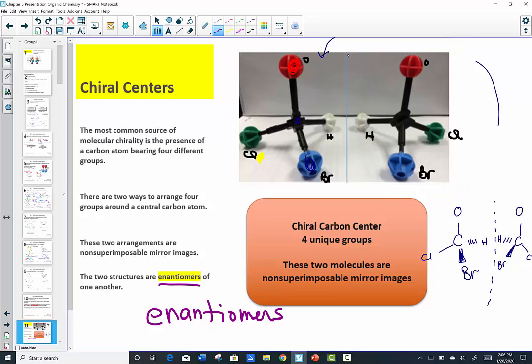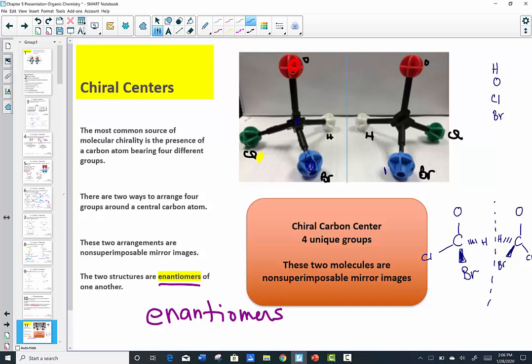Let me emphasize before we go on to the slide what we're leading to in terms of naming. We'll learn that the highest priority on that chiral carbon is the atom with the biggest atomic number between the 4 attachments. We have a hydrogen, we have an oxygen, we have a chlorine, we have a bromine.